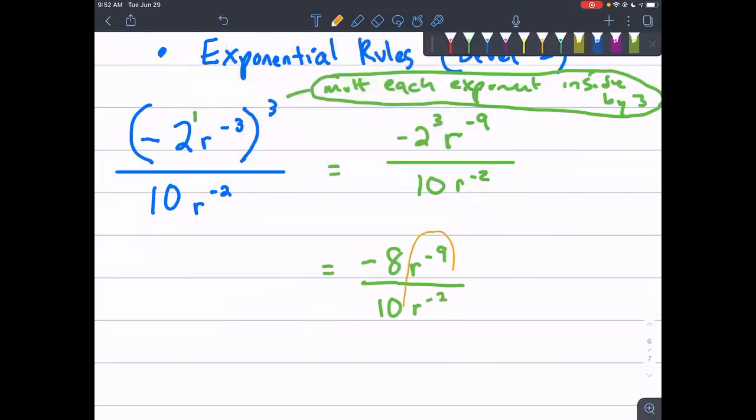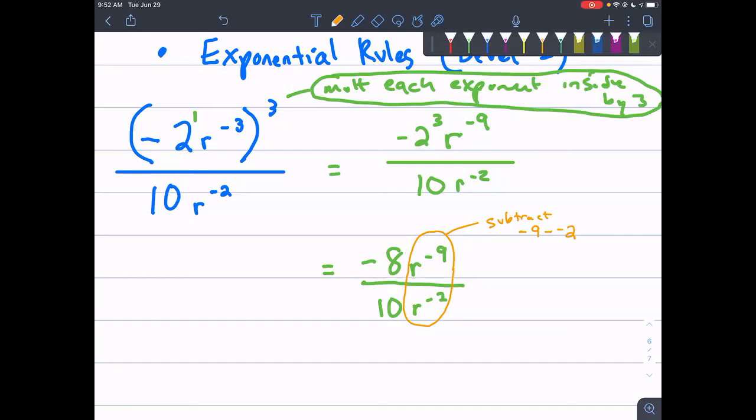And then for the r's, we're going to subtract. So this is negative 9 minus negative 2. You're subtracting whatever the exponent on bottom is.